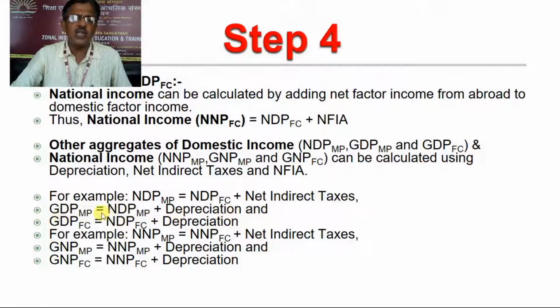That is, gross value can be found out from the net plus depreciation. GDPFC is NDPFC plus depreciation. NNPMP is equal to NNPFC plus net indirect taxes. That is, net national product at market price can be found out from NNPFC by adding net indirect taxes. GNPMP is NNPMP plus depreciation, since gross minus depreciation is equal to net. So GNPFC is equal to NNPFC plus depreciation.